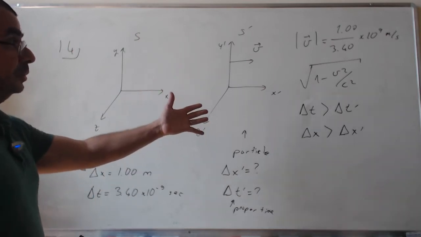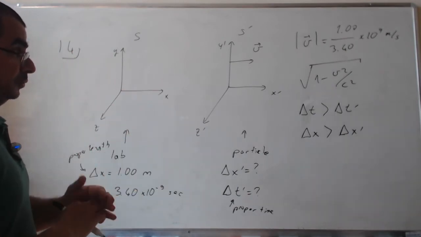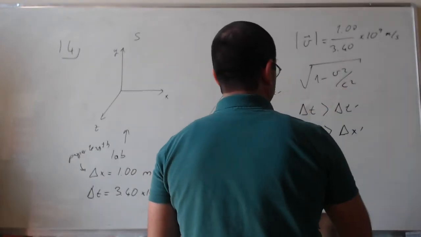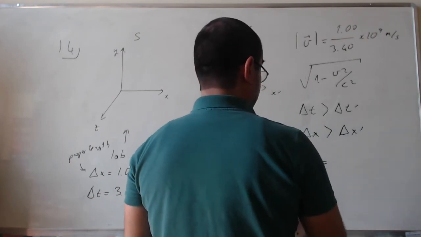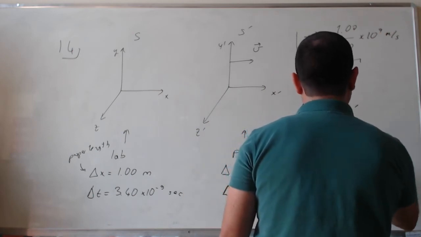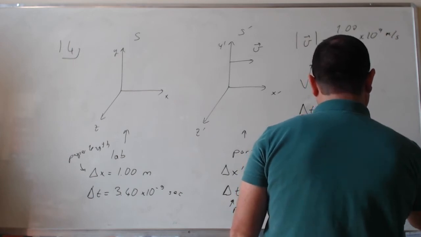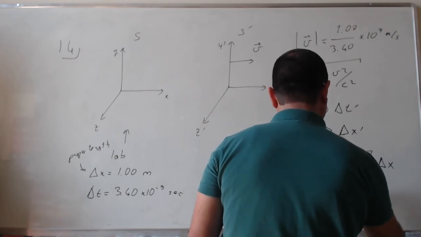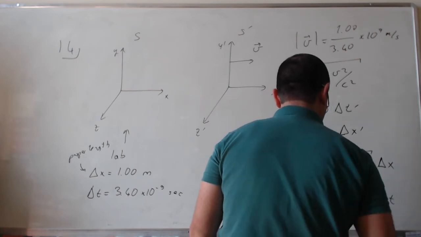Now, once you come to these conclusions, with the additional fact that you can use time dilation and length contraction formulas, this is very easy to write. So delta x prime, I want this to be smaller than our delta x, so it's just the square root of 1 minus v squared by c squared times delta x, and delta t prime is also going to be smaller, the square root of 1 minus v squared by c squared times delta t.